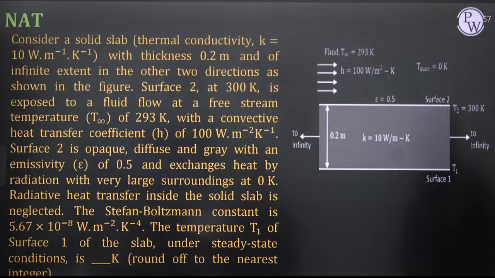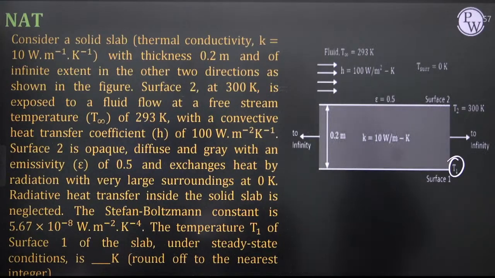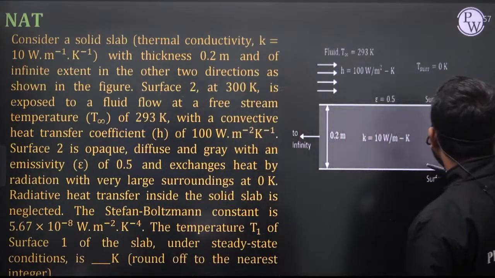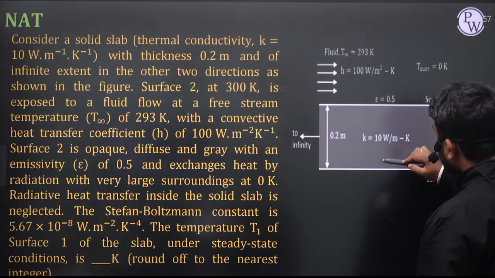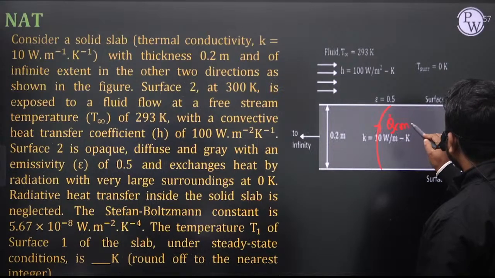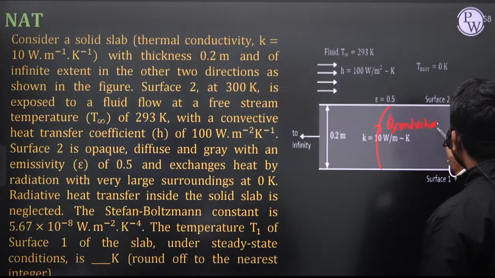The temperature T1 of surface 1 of the slab under steady state condition. Here the temperature is T1, here the temperature is T2. So in this slab there is a conduction from the bottom surface to the top surface.